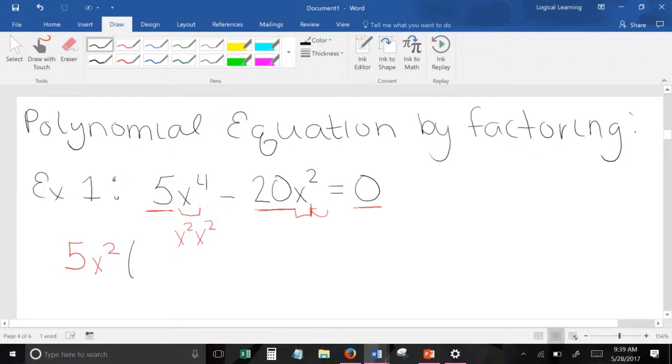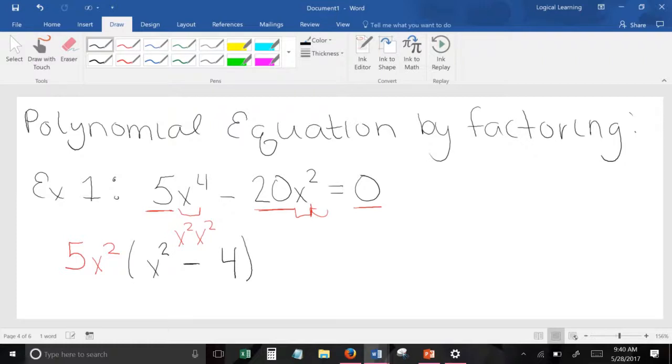Well, we took out the 5 and x squared, so here we just have x squared. We have a minus here, so minus 5 times what will give us 20? Well, that's 4. And x squared, we don't need anything else there, because 5x squared times negative 4 is going to give us negative 20x squared. And still we have this equal to 0.